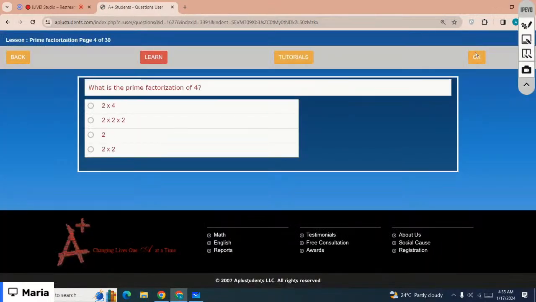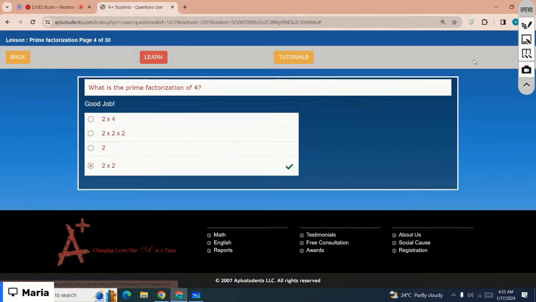What is the prime factorization of 4? Which is the correct option? That is 2 times 2. The last option is the correct one. Very good.